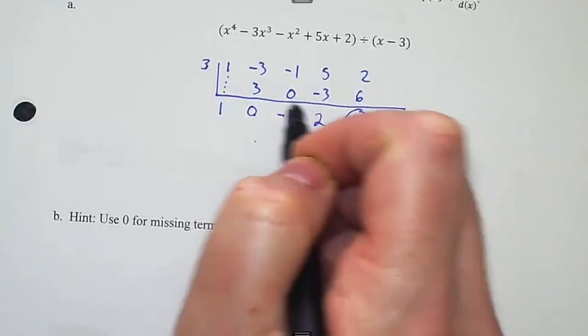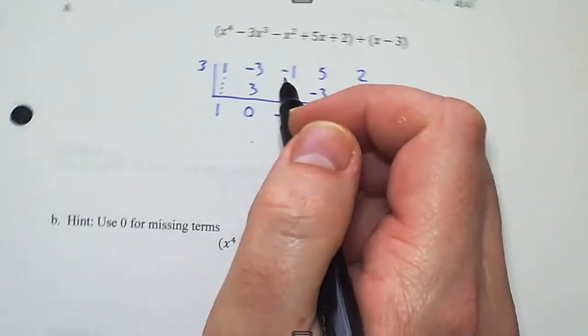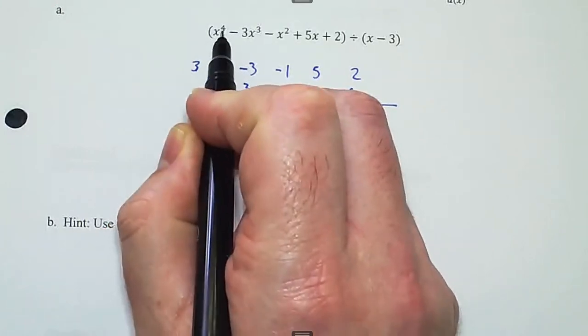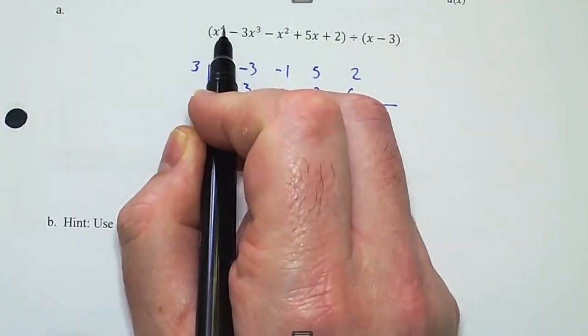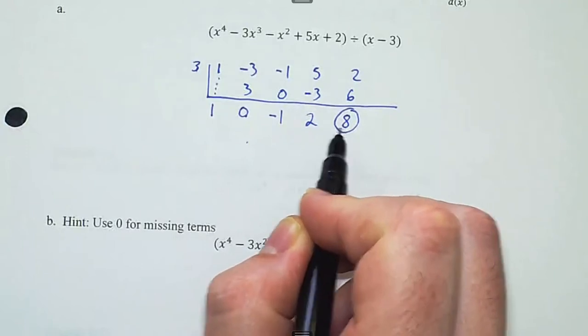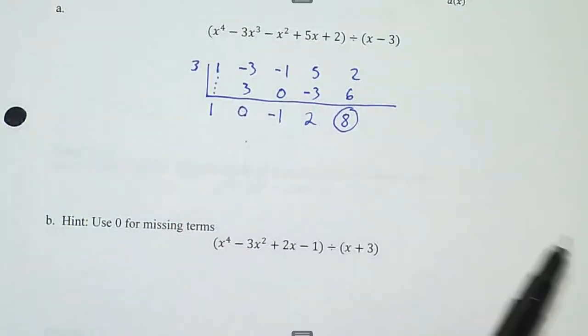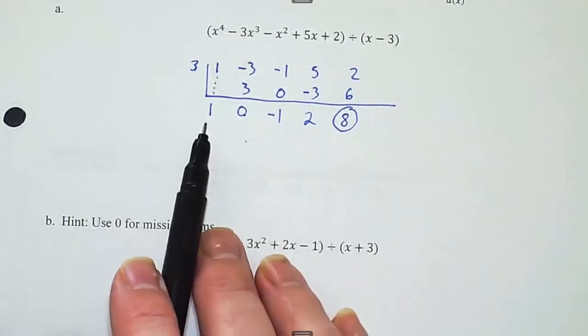And this is the quotient. And since we're dividing by a linear term, this will always start 1 degree less than that. You could also think of it as the remainder, the constant, x to the first, x to the second, x to the third. But most people just think, okay, x to the fourth, so now this is x to the third.